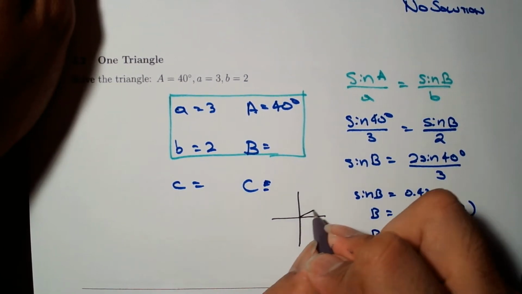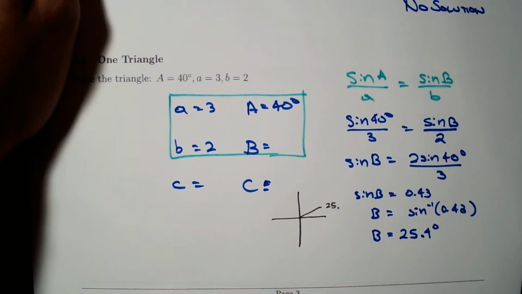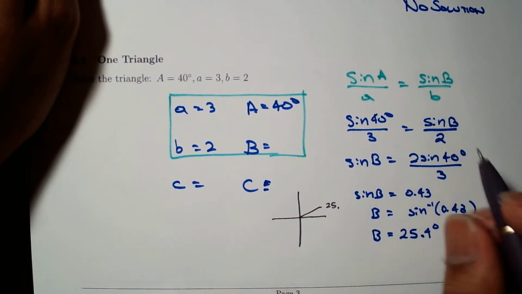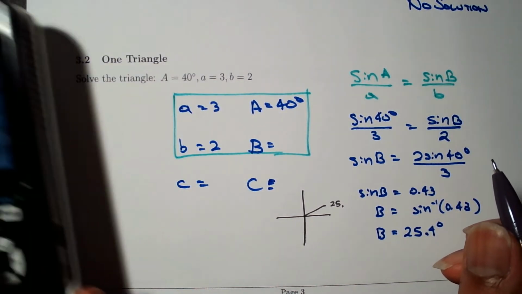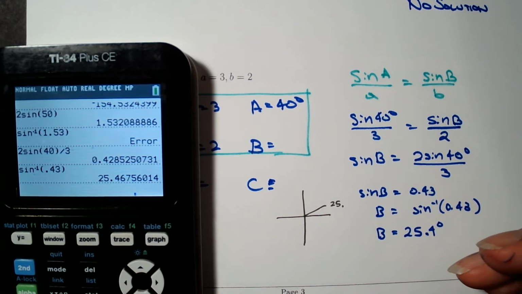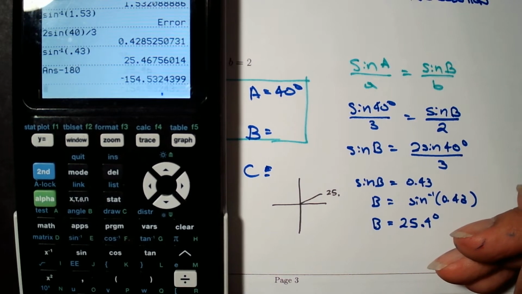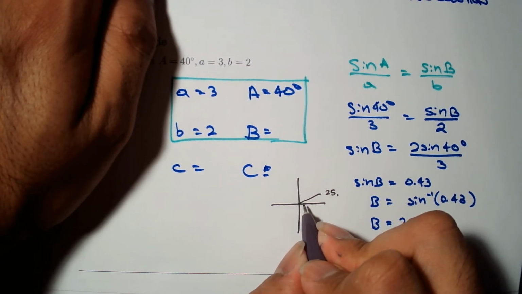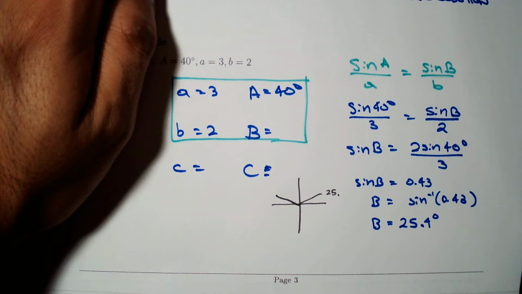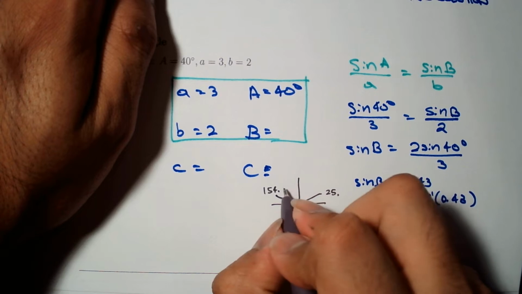Number one is 25.4, and the other one is obtained by subtracting from 180 degrees, which gives 154.5 degrees.